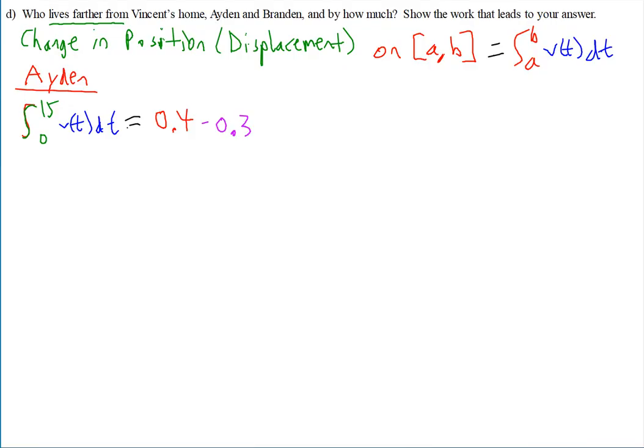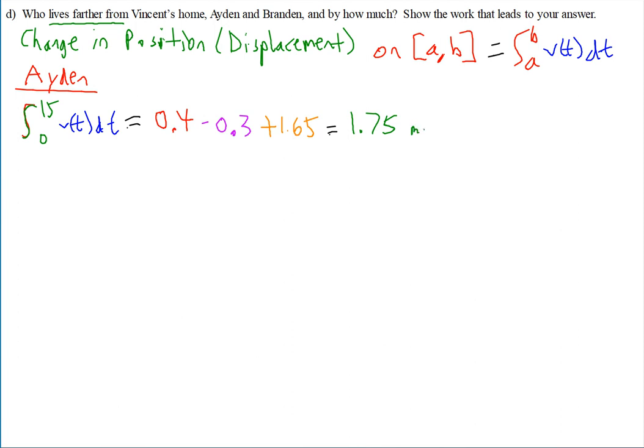And then we get plus 1.65 still. That was still positive. So that's 0.1 plus 1.65. That gives you 1.75 miles. So that's actually how far, based on the scenario, he lives away from Vincent's home.